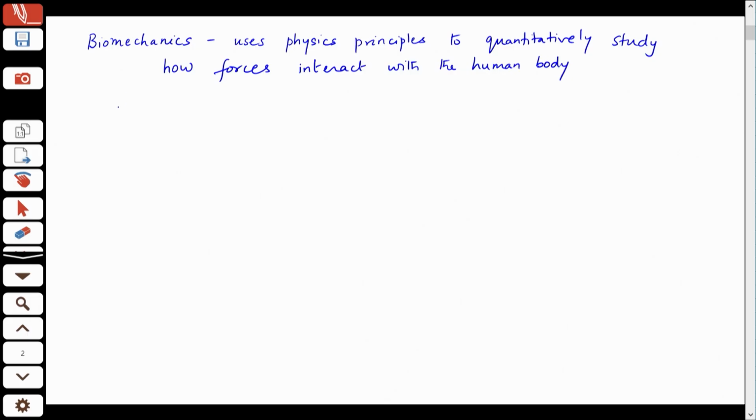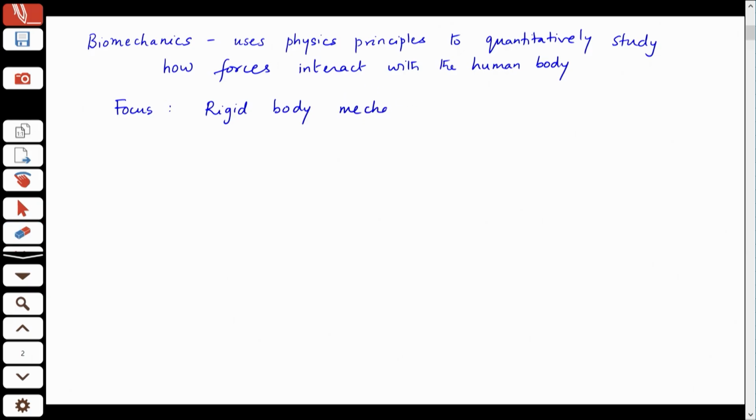And our focus will be on rigid body mechanics.